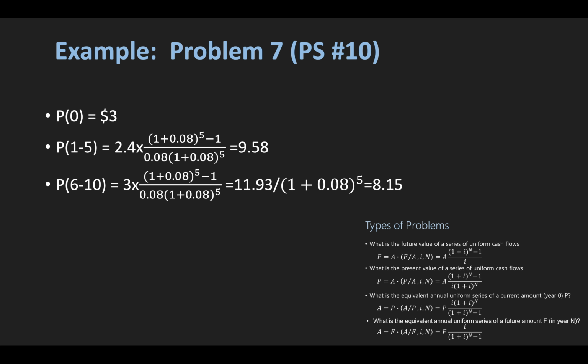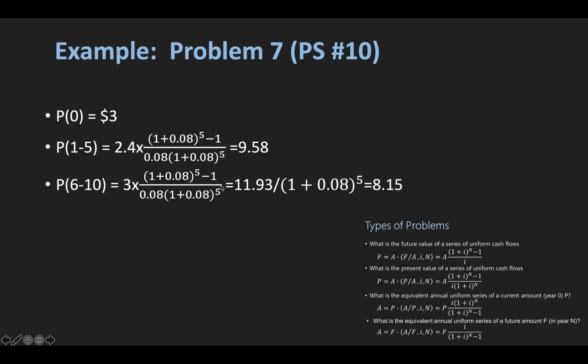We have to bring it from year 5 to year 0. That's why we divided by another (1 plus 0.08) to the power of 5, which gives us 8.15. That's this cash flow's present value at year 0.